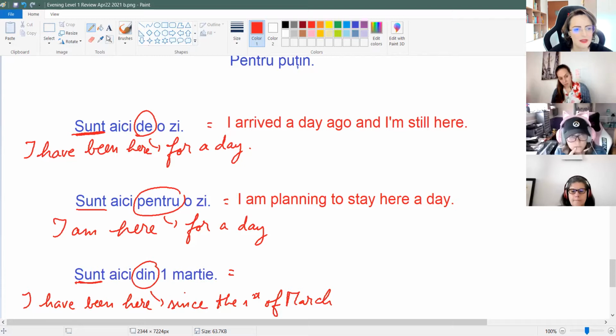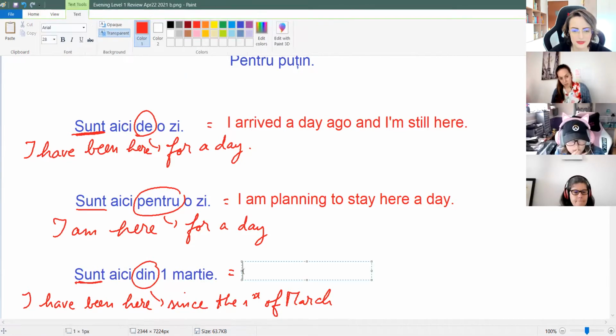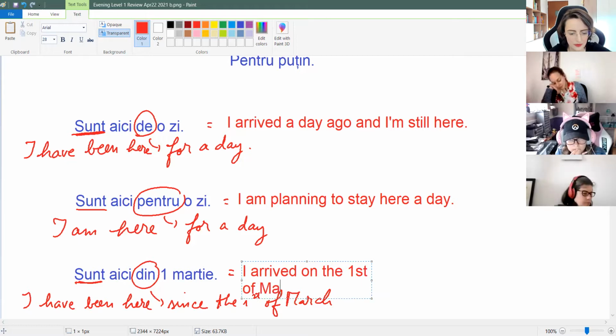So notice how in Romanian, one little word can make a total difference in meaning. I arrived on the 1st of March and I'm still here.